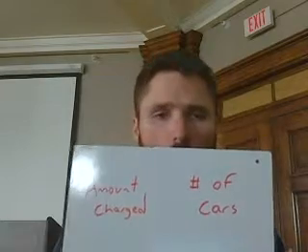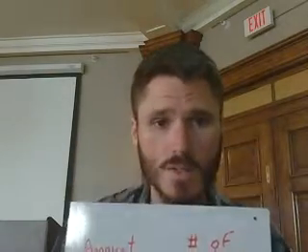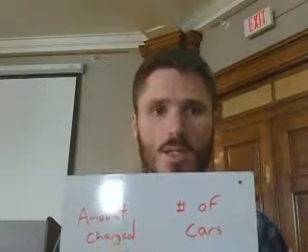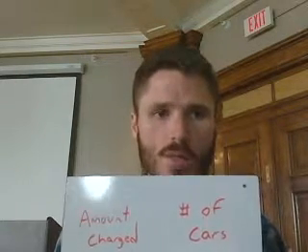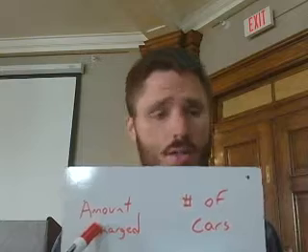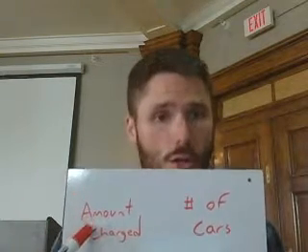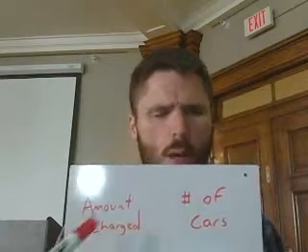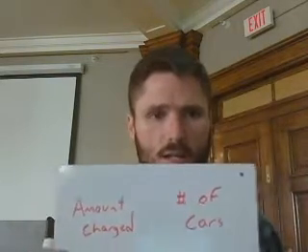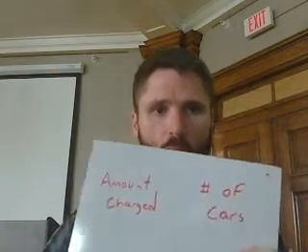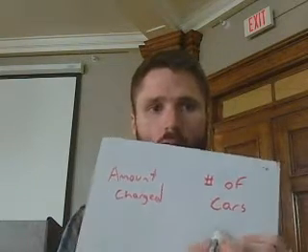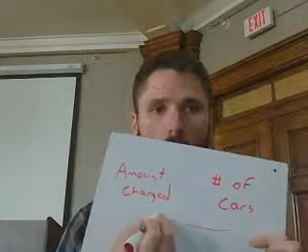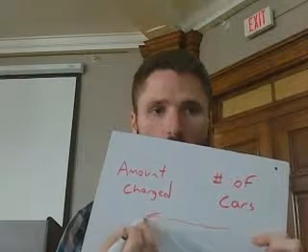We don't know. But one question we can ask ourselves is, which one is dependent on the other one? Is the number of cars dependent on the amount charged, or is it the other way around? Is the amount charged dependent upon the number of cars? And I think that one that I just said makes a little more sense. So in other words, depending on how many cars I have, that will determine what my amount charged is.